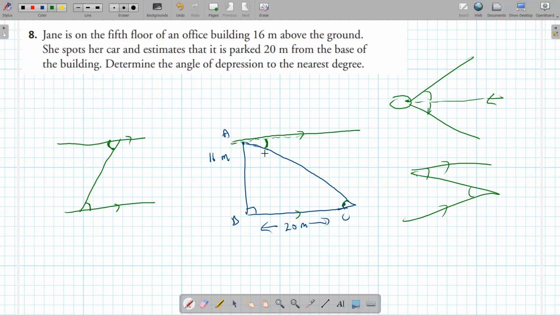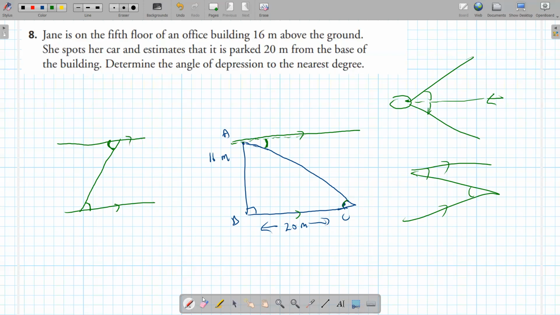So the question is, how do we find angle C? Sine, cos, or tan.